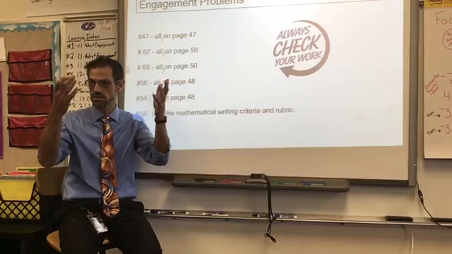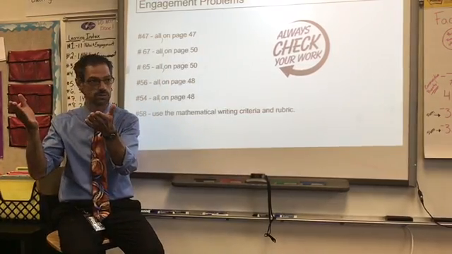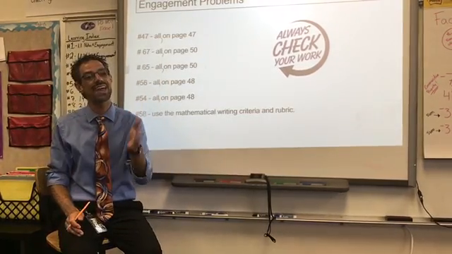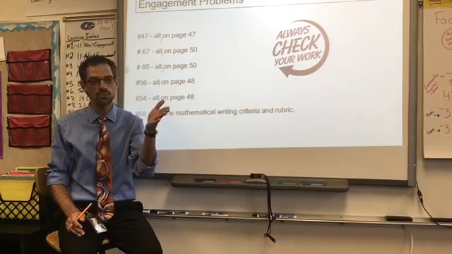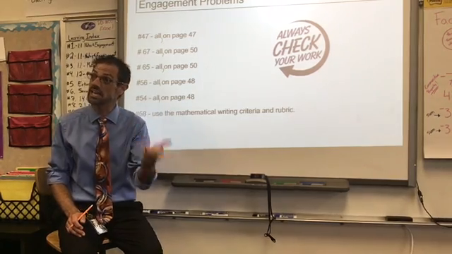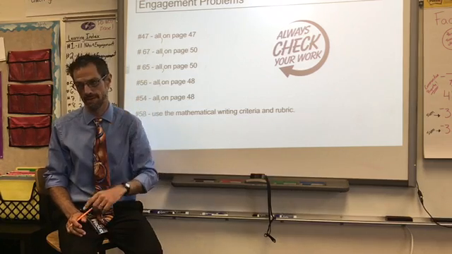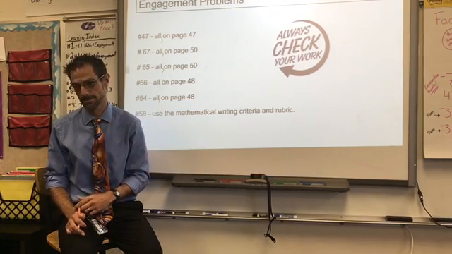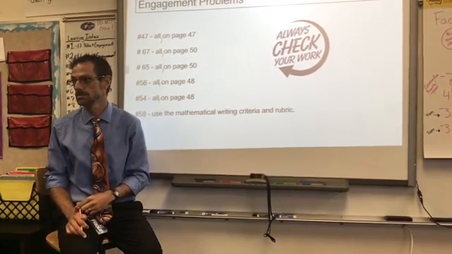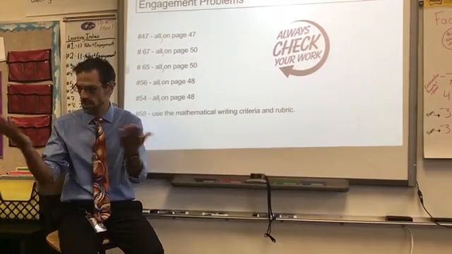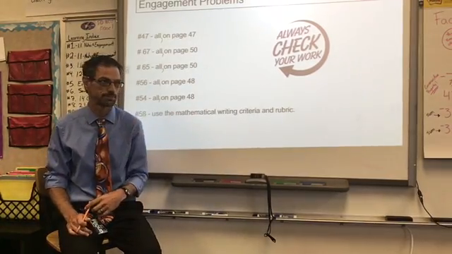It gives some data, and then it asks a question. So in 47A, you need to write the story. In 47B, you need to write the number sentence, which is the numbers that equal something.